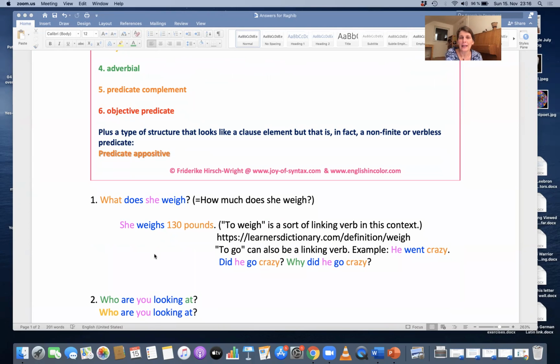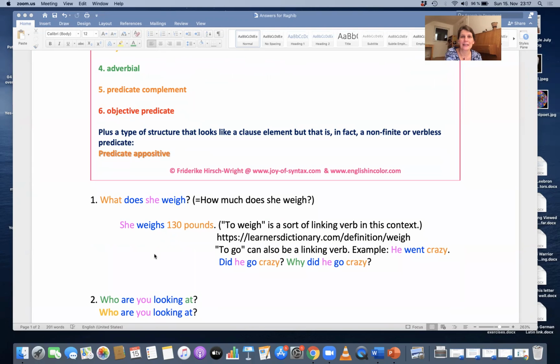So what follows the link verb is always a predicate complement, which is sometimes called a complement to the subject and sometimes called a subject predicative. But I usually use the classical nomenclature.